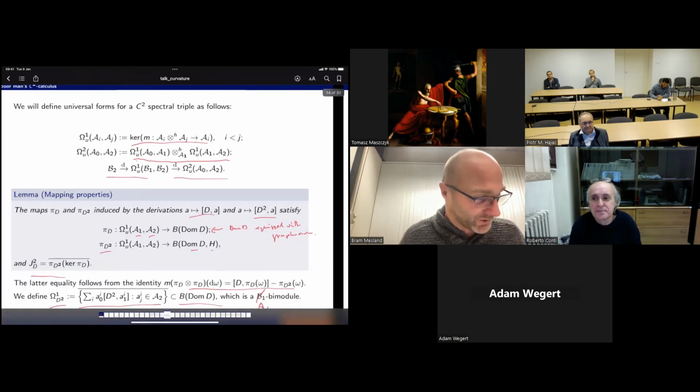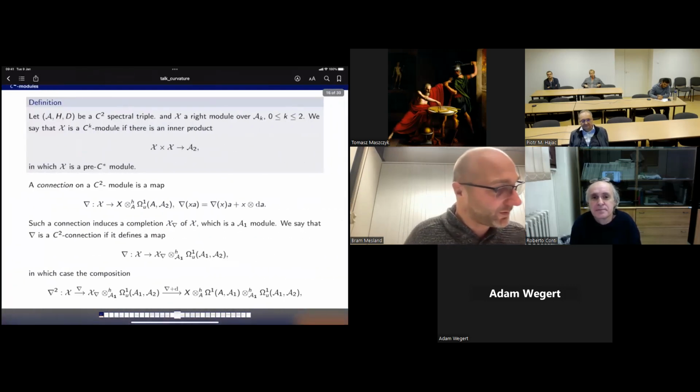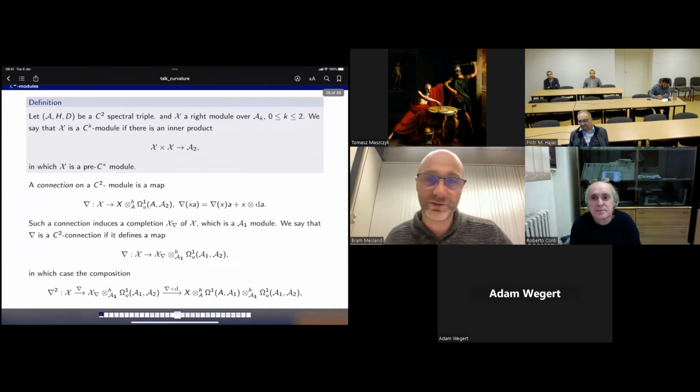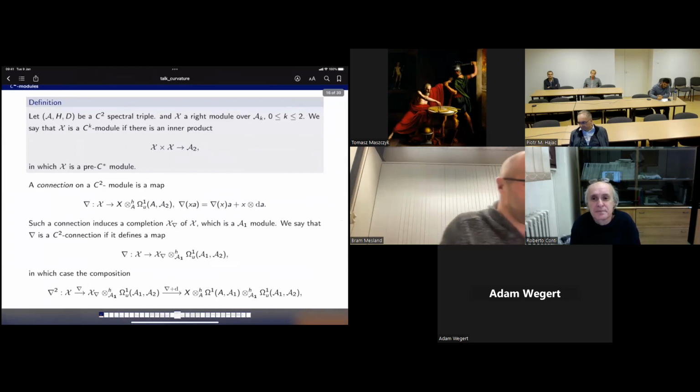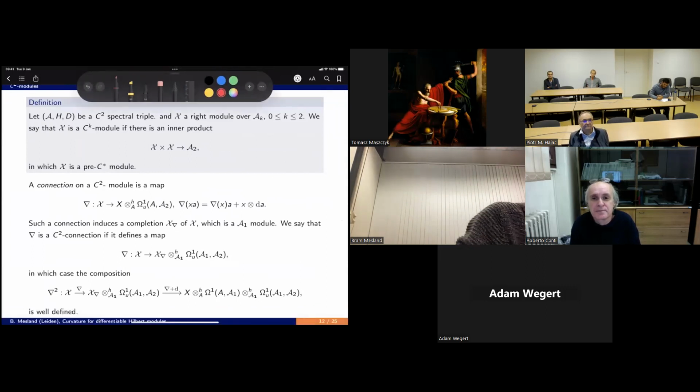Now, connections. So we work with a C2 spectral triple, and another typo here, X some right module over either A0, A1, or A2. And then we say that this module is C^k if it admits an inner product in which it is a pre-C star module.